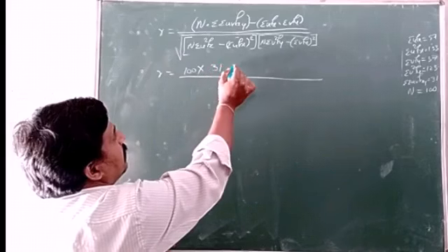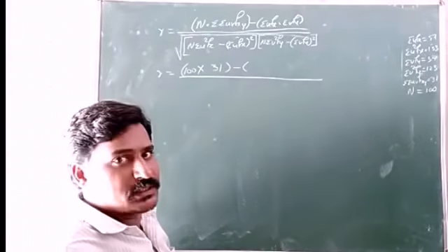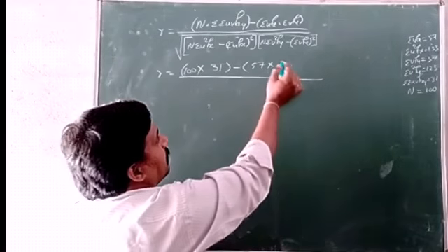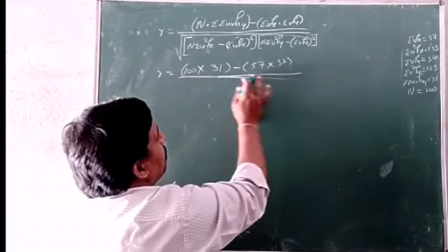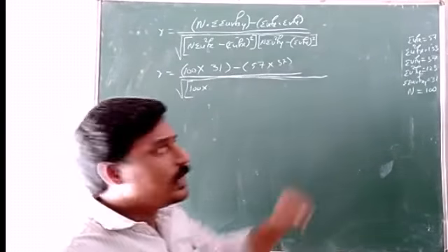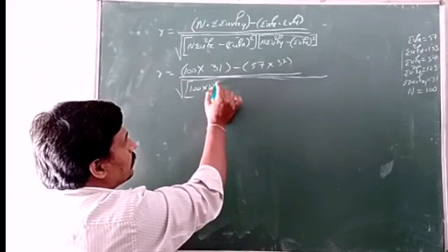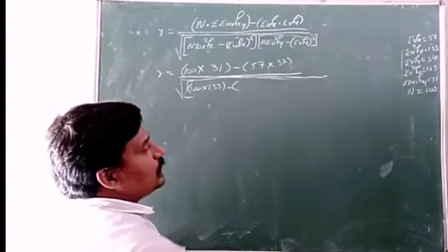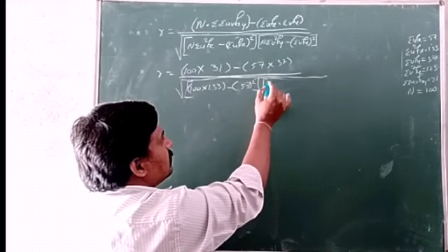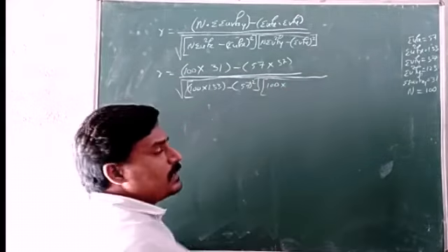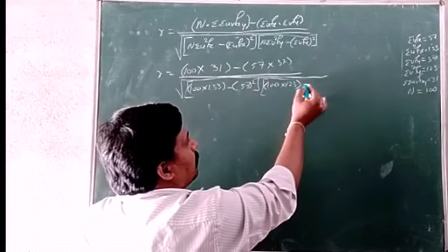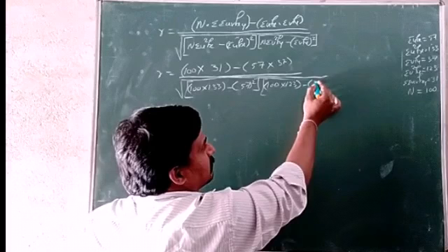So 100 into 31 minus summation ufx, that is 57, into summation vfy, that is 37, divided by root of N, 100 into summation u square fx 133, minus summation ufx, that is 57 square, into bracket 100 into summation v square fy, v square fy is 123, minus summation vfy square, that is 37 square.